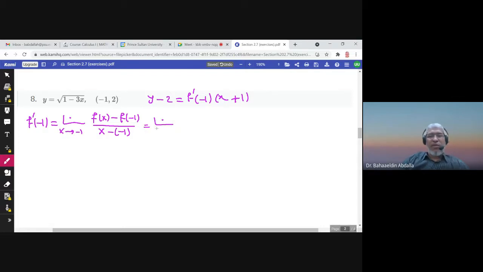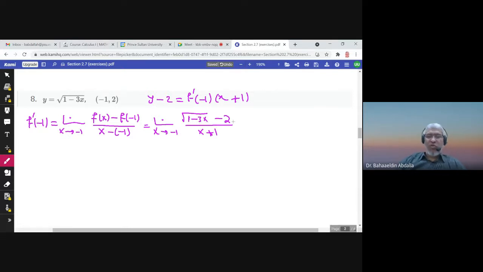So it's the limit when x approaches negative 1 of f of x, which is the square root of 1 minus 3x, minus f of negative 1, which is 2, over x plus 1.